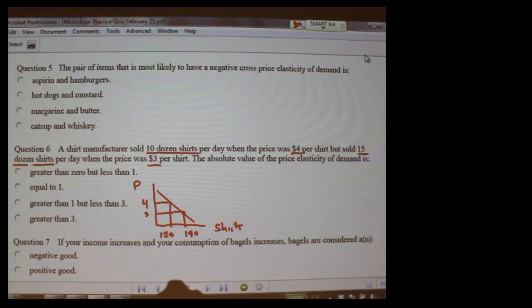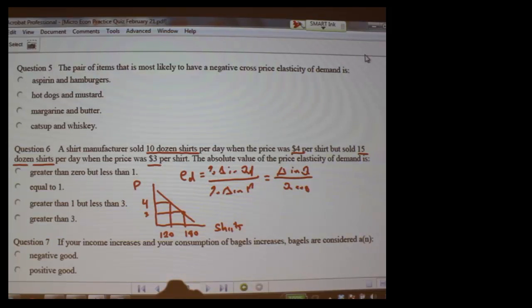All right. So let's just calculate the price elasticity of demand. Recall the formula: percentage change in quantity demanded over percentage change in price. And then the formula for percentage change in quantity demanded is change in Q over Q average.